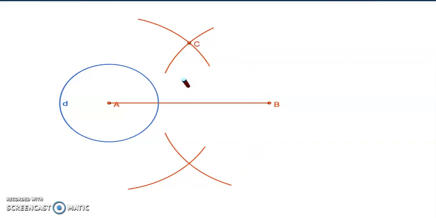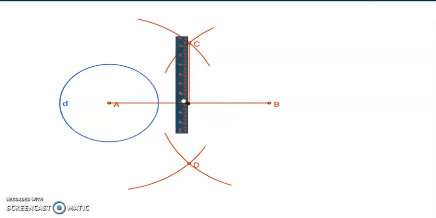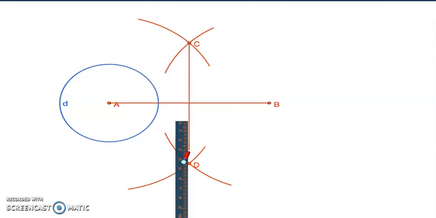Let it be C and the other point of intersection be D. Now let us join CD to get the perpendicular bisector of the line segment AB.